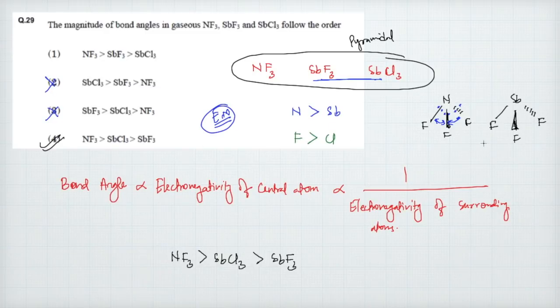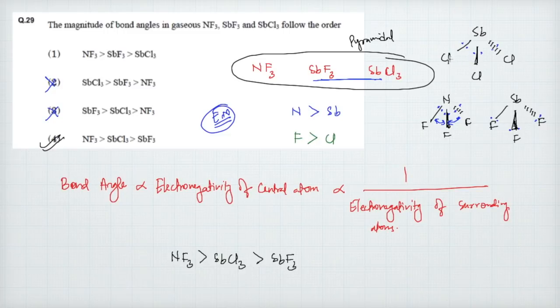Now talking about the one where you have fluoride and chloride, you can understand it this way. Let's say we also have SbCl3. What is going to happen in this case? The electronegativity of fluorine is more, so the electrons are going to be nearer to fluorine. Since electrons are away from the central metal atom, and with chlorine they are not going to be that close, there is more electron repulsion, one thing.